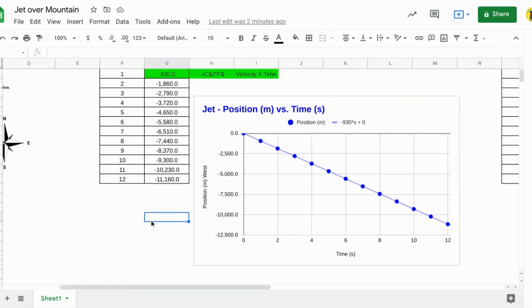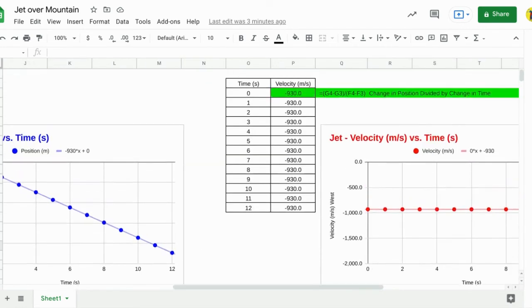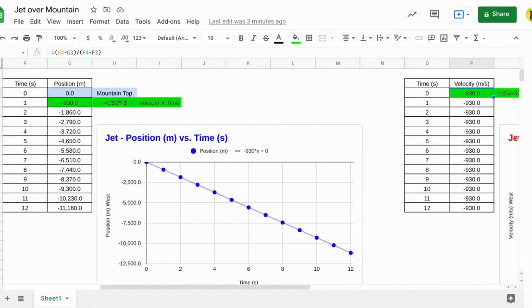Okay, the next thing they want us to do is take that information and plot a velocity time graph for the plane's motion. Velocity is the change in displacement over the change in time. So this table right here is going to reference the values from the other table. Right now I have my formula highlighted under my velocity cell.